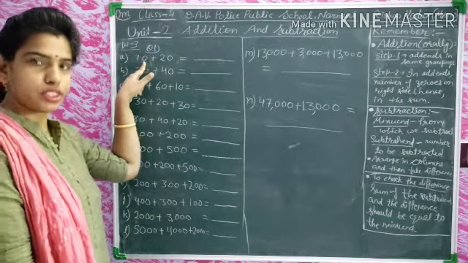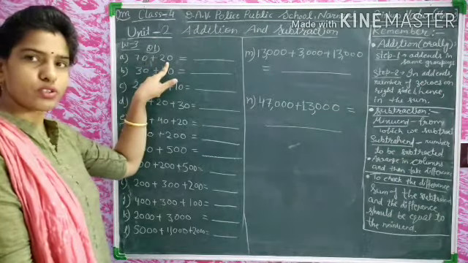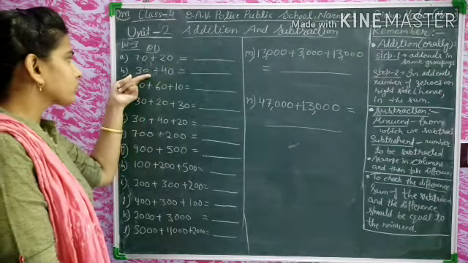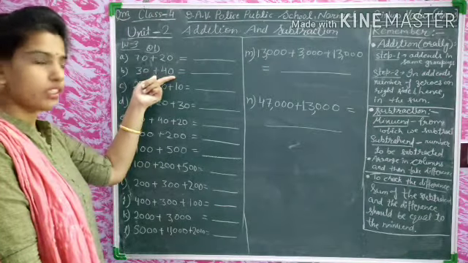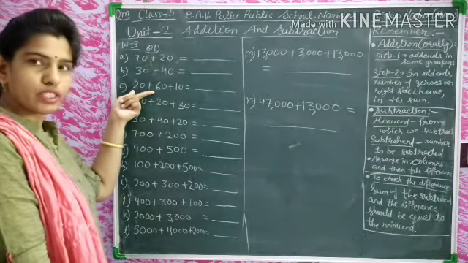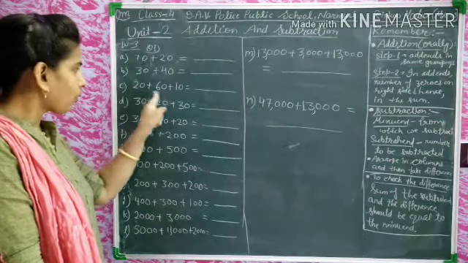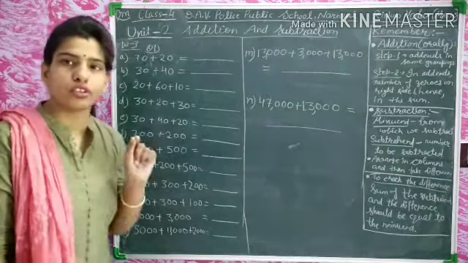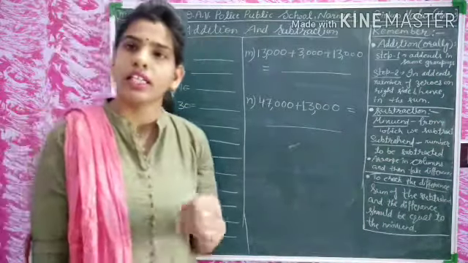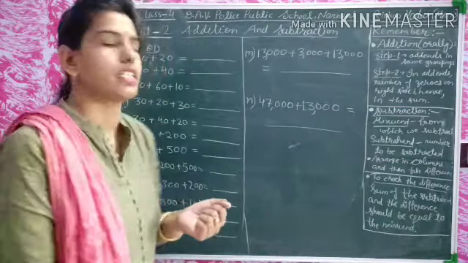Is it clear, students? Both are in the tens grouping. You all are seeing that all have to be in the same groupings. Then you can add the questions easily.